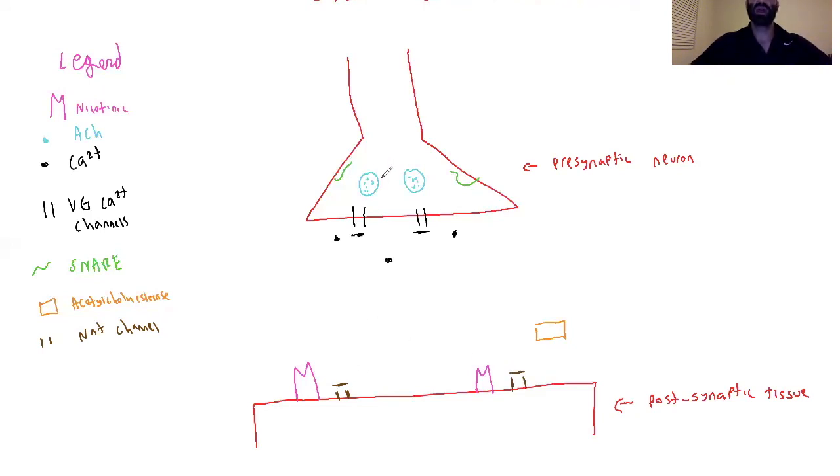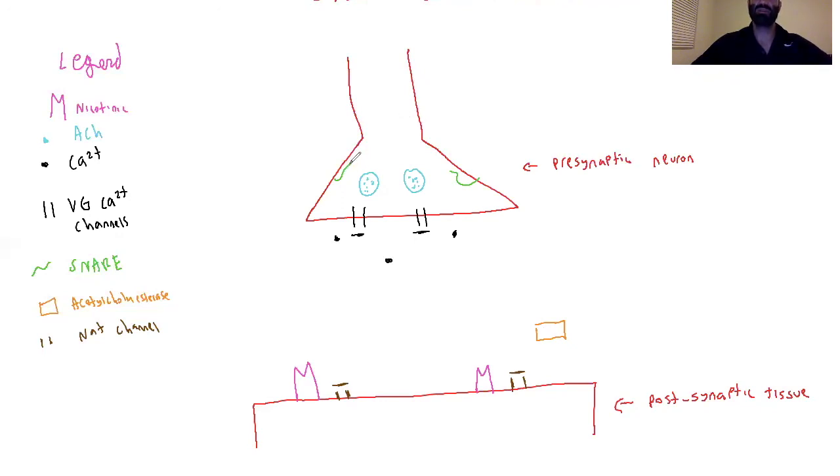Now, in this blue bubble, we have acetylcholine, abbreviated ACh. In the vesicle, these green things here are called SNARE proteins. These channels colored in black are voltage-gated calcium channels, and the black dots are calcium. And this square here in orange is going to be called acetylcholinesterase, and that is the enzyme that degrades acetylcholine.